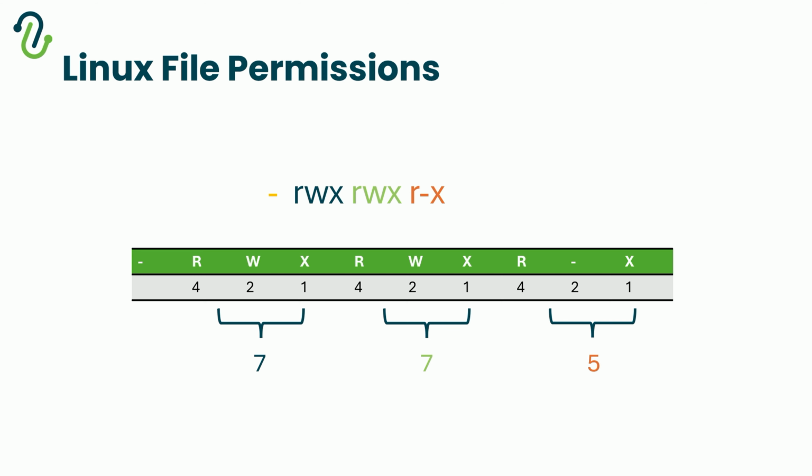In a base 2 numbering system, they have the values of 4, 2, and 1. So when we are assigning privileges to a file, we just have a 3-digit number that says: what are the permissions of the owner of the file, what are the permissions of the group, and what are the permissions of everybody else?